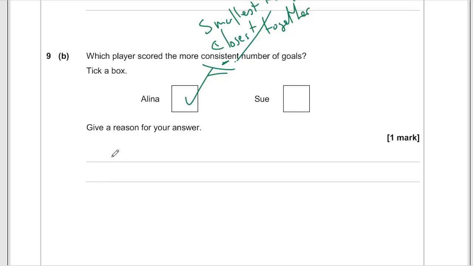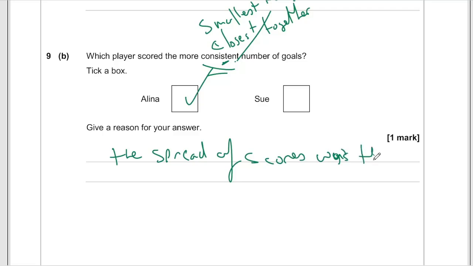Alina, because the spread of scores was the smallest. Okay, or you could also put down smallest range. Either of those would get you the mark. Without the reason, even if you tick the right box, you won't get the mark for it.